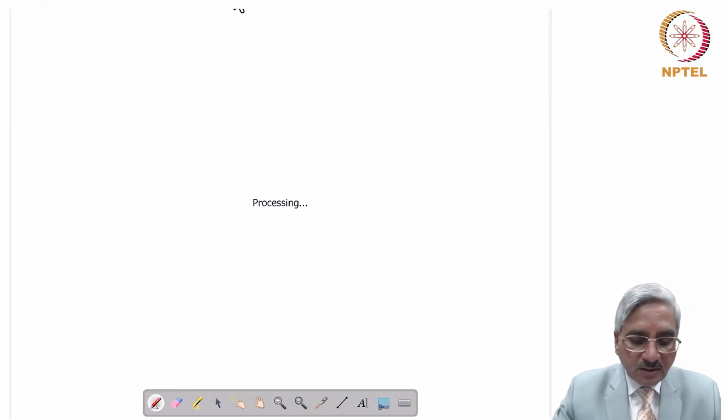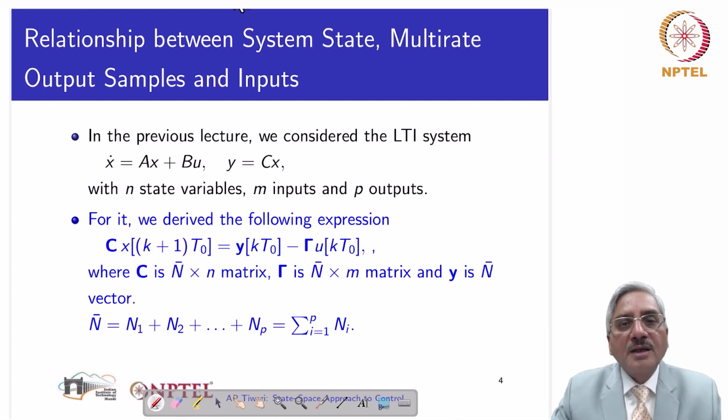This system we discretized at the rate 1 by T0 on the input side and at the rate N1 by T0 for output 1, N2 by T0 for output 2, N3 by T0 for output 3 and so on, Np by T0 for the pth output, and these N1, N2, N3, etc. are integers.